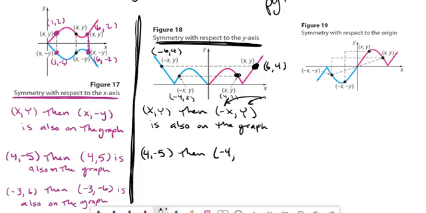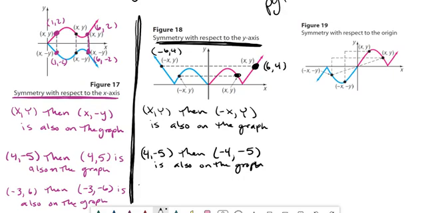And the y value is staying the same, so it's going to stay negative 5. So in order for a graph to have symmetry with respect to the y-axis, for every point, for example 4 comma negative 5, we also know that the point with the opposite of x, so negative 4, keeping the same y-coordinate, negative 5, is also on the graph.